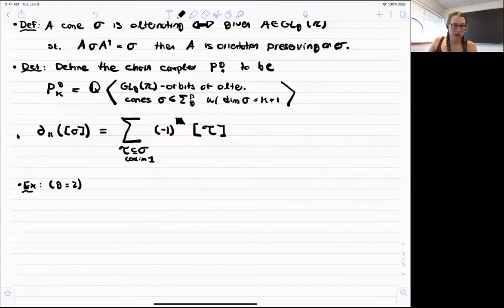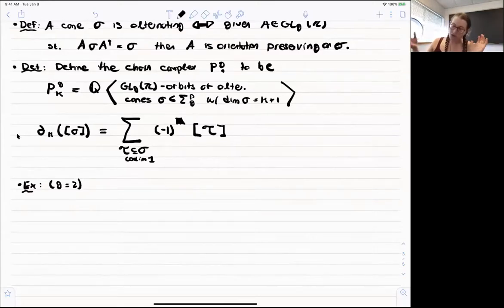Ask a question. Yeah. So, what if tau is not alternating? Do you ignore it, or does that not happen? So in that case, we just say the class of tau is 0, right? And we don't have to worry about that. But that's a good question.